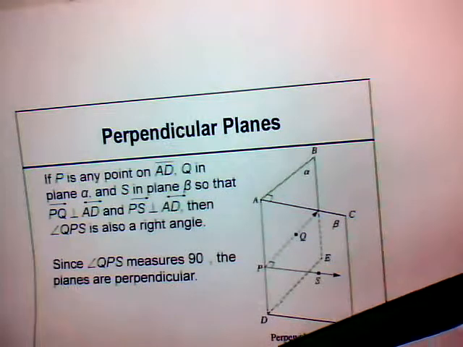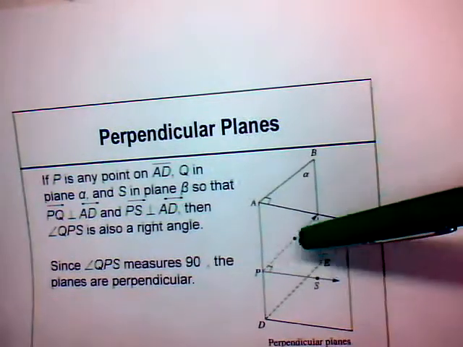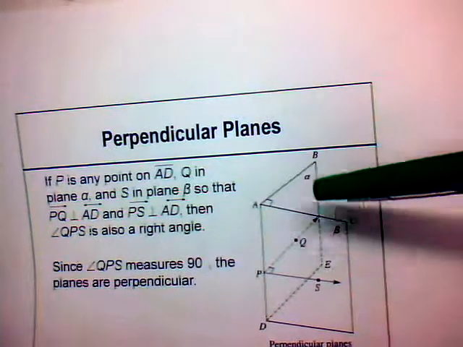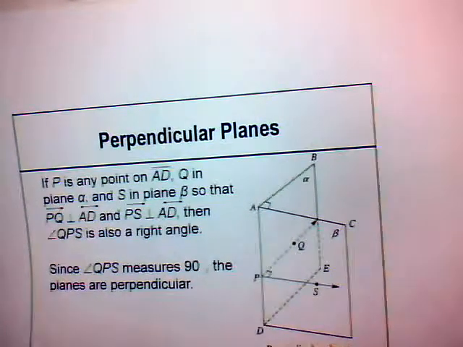Okay? And then since the measure of angle QPS is 90, then that means that these two planes, alpha and beta, are perpendicular.